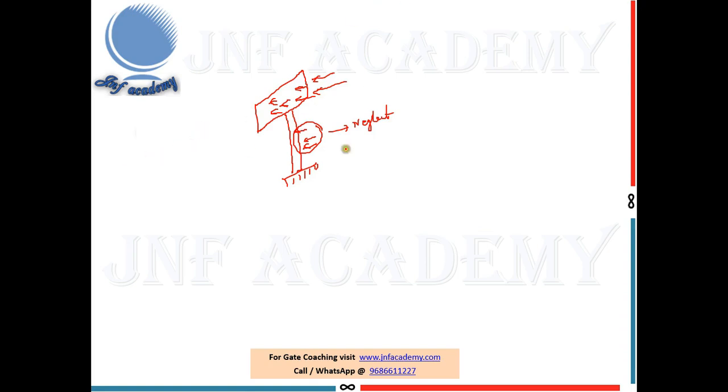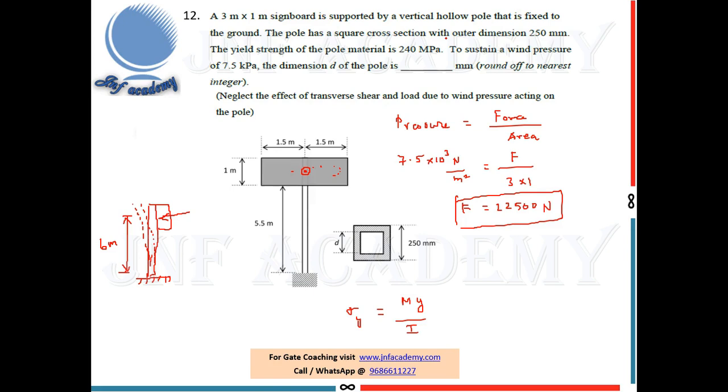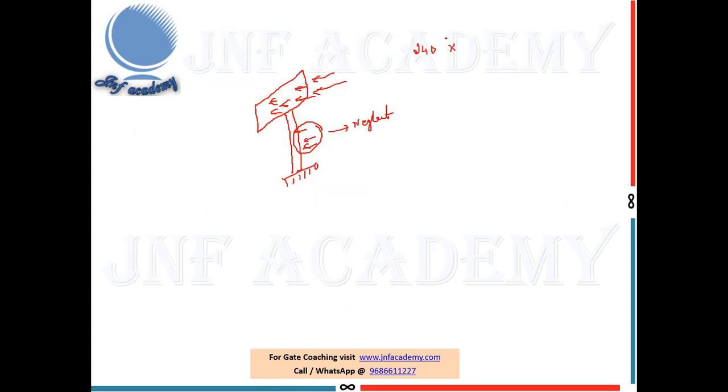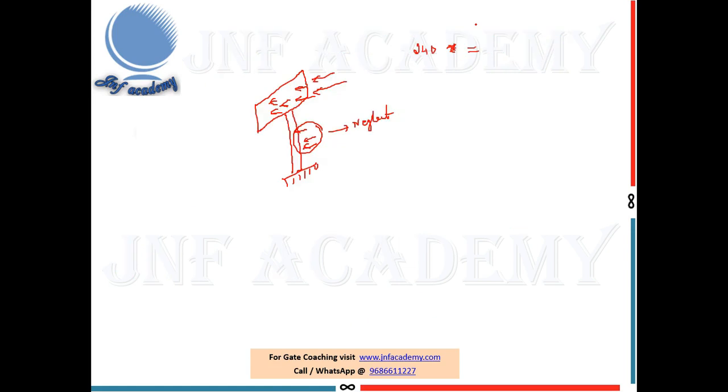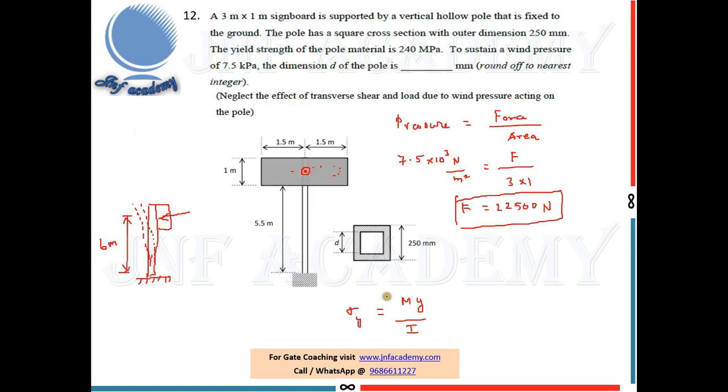So all the remaining dimensions are in mm, so let us convert meter into mm. I am taking 240 as it is. 240 megapascal is also equal to 240 Newton per mm square. Now I need to find this moment, force into perpendicular distance. Perpendicular distance is how much? 6 meter.